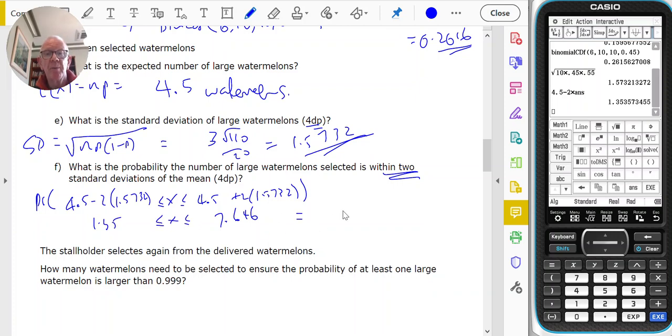So therefore the smallest number that is bigger than that is 2, and that goes up to 7.